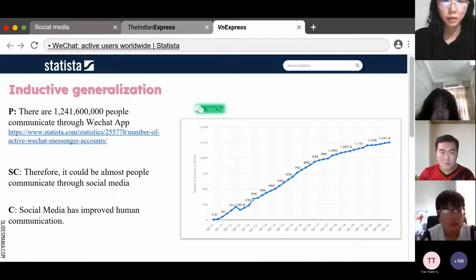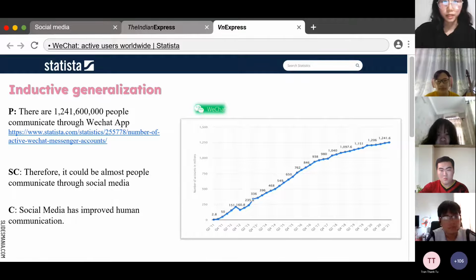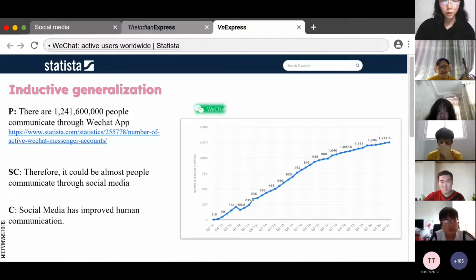Firstly, I will come up with an inductive generalization. There were over 1.2 billion people communicating through the WeChat app during the first quarter of 2021. Therefore, it's likely that more people communicate through social media.